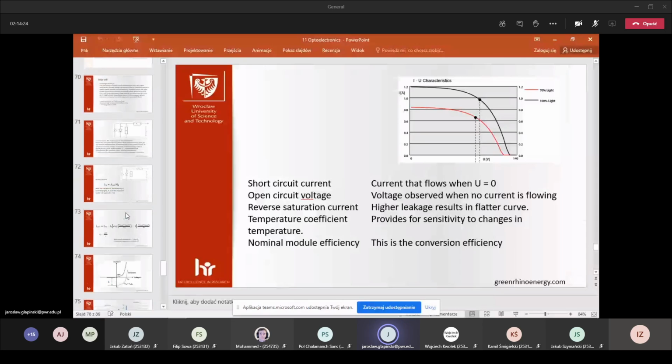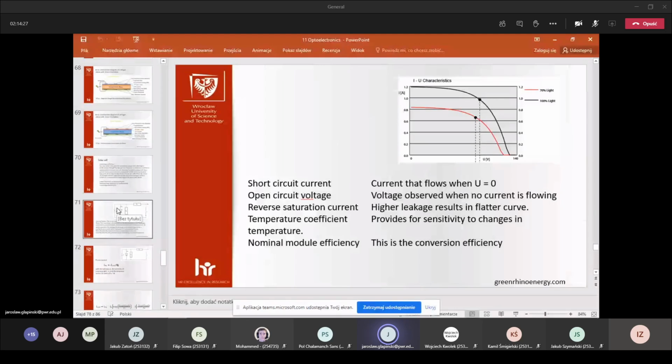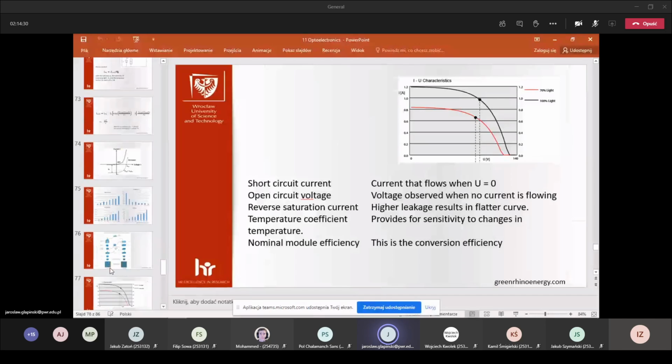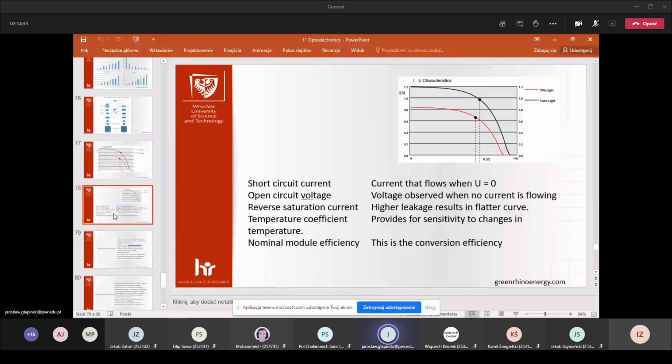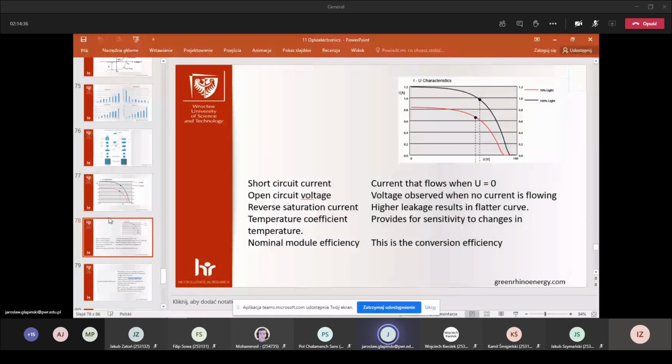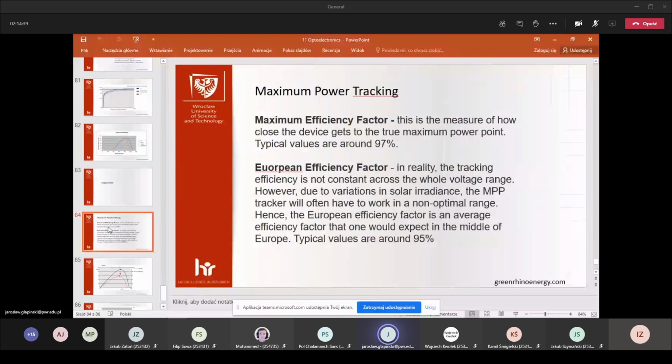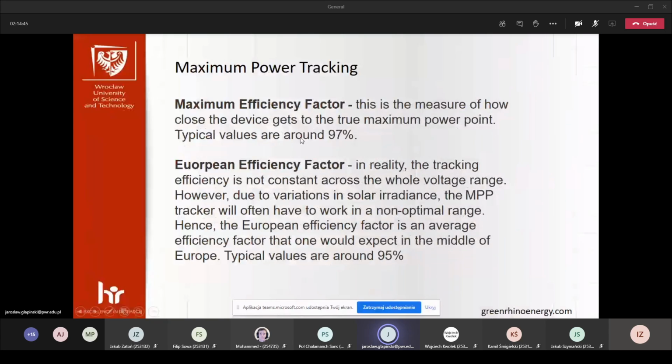I would like to show you some slide, but I can't find it. Okay. So we've got the maximum efficiency factor. This is the maximum efficiency of the element. It's the electrical efficiency, of course, but typically the photovoltaic cells have an efficiency of about 10, 12, 15%.